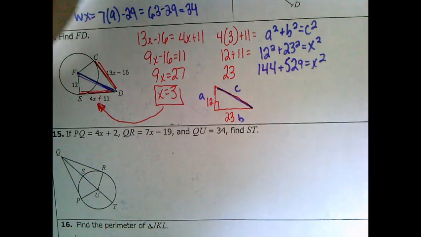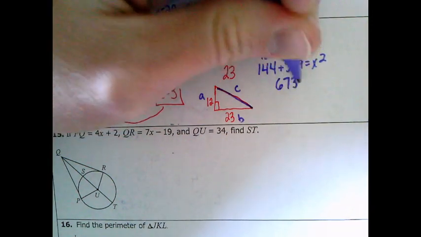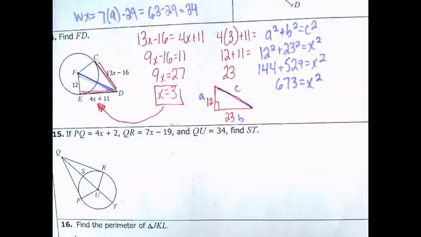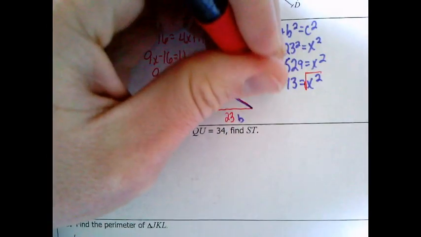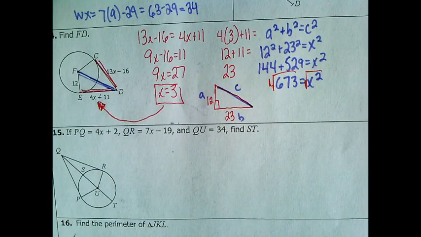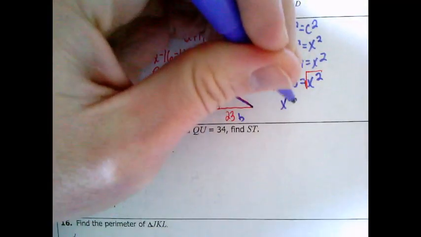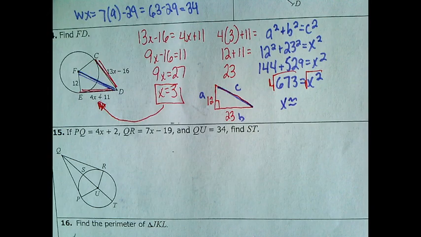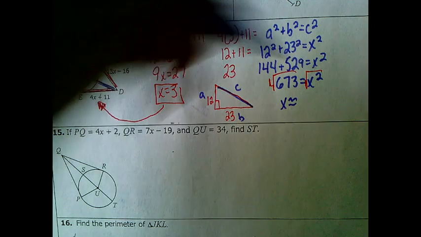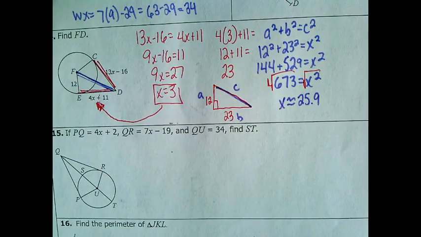Add 144, 673. I don't want x squared, I want x, so I take the square root. So x is approximately 25.9. Okay, that was a great problem. Like that one a lot.